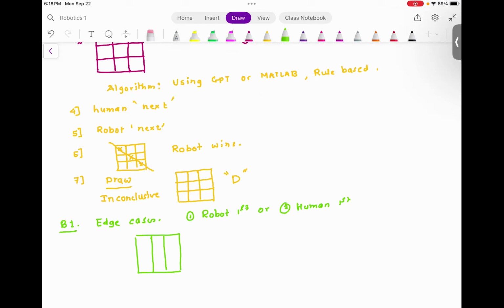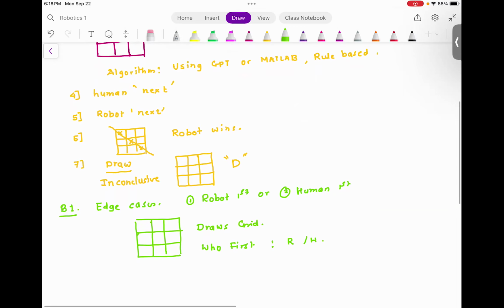When the program starts, first the robot draws the grid, and then waits and asks who goes first. And you have two options, either the robot or the human.